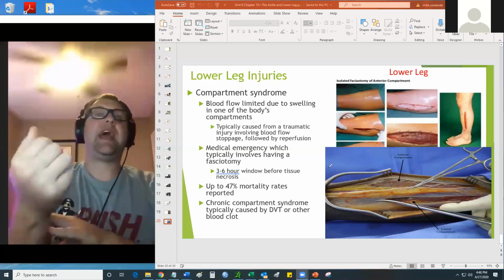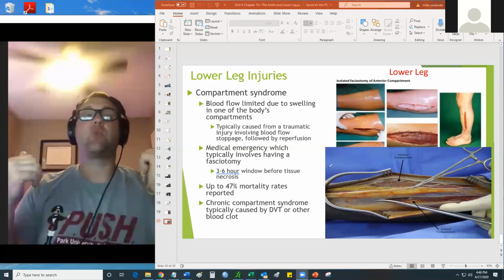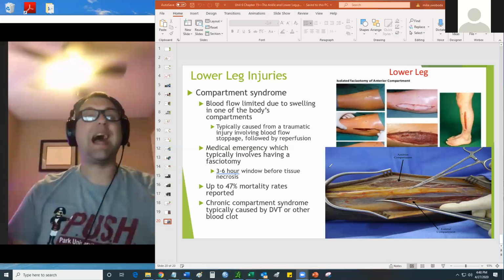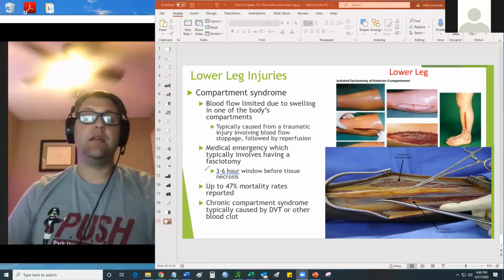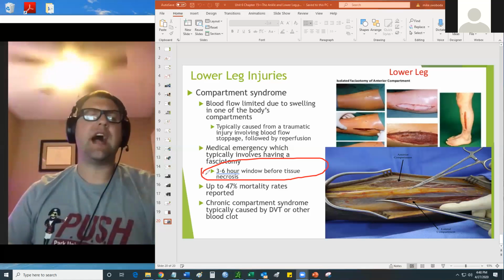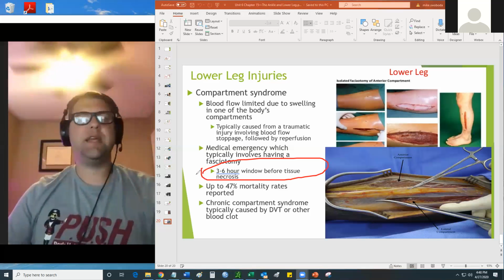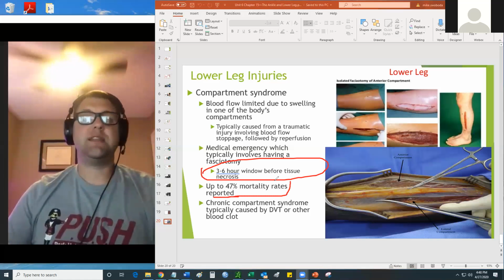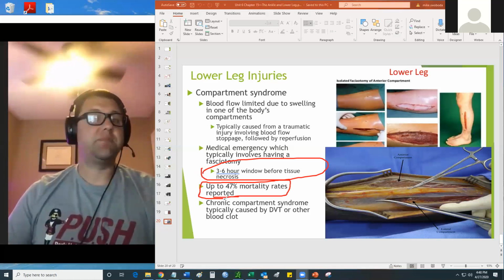If that happens, you have to get that blood drained, or else you can either lose that limb or potentially die. You've got kind of a lot of time, relatively speaking, 3 to 6 hours before tissue death starts. If you don't do anything to this, you've got about a 50% chance of dying.